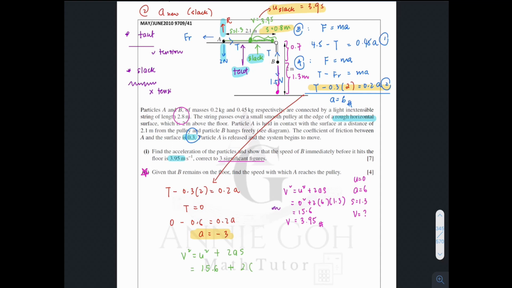Plus 2 times a, which is negative 3, the new acceleration we just found when the string is slack, and s, the distance traveled to reach the pulley, is 0.8. Eventually we get v equals 3.29. This is how we solve this question.